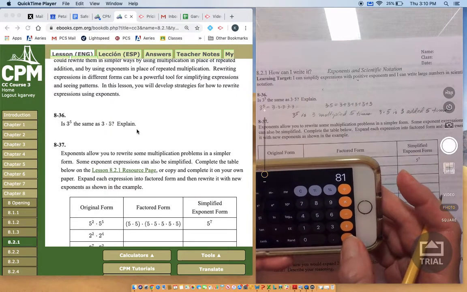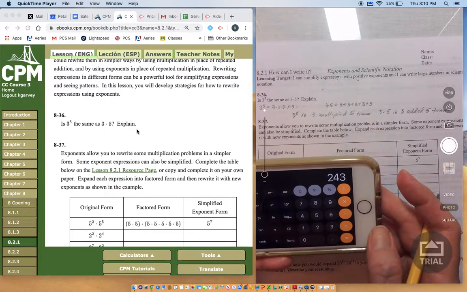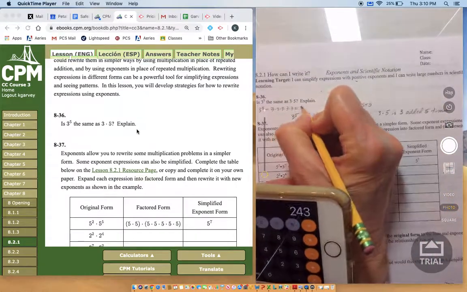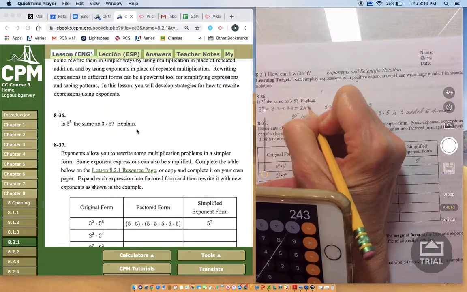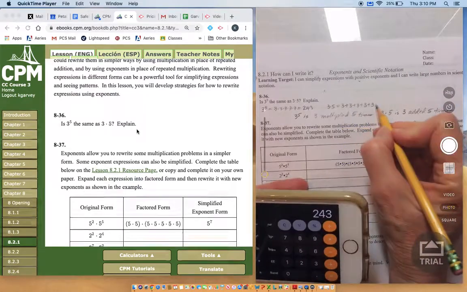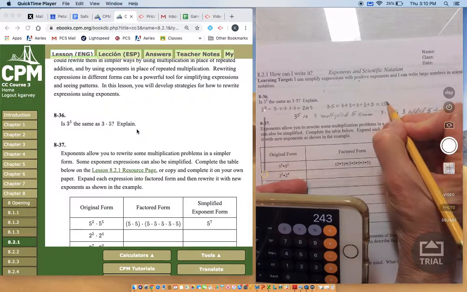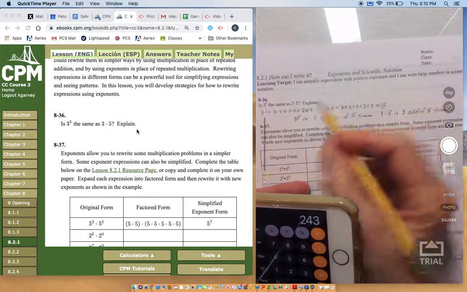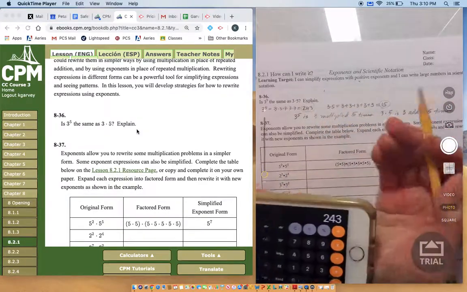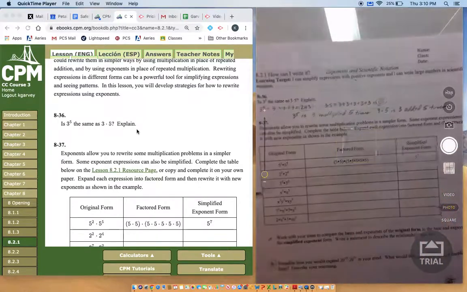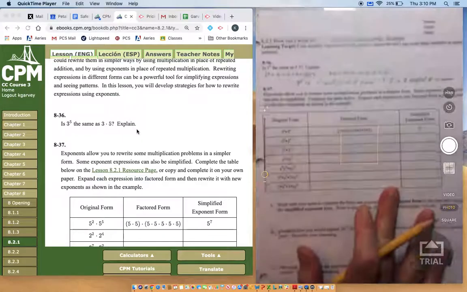And then if we multiply 3 times itself 5 times, we get 243. But what do we get if we add 3 together 5 times? We get 15. So 15 and 243 are very different numbers. All right, let's move on to the next problem.